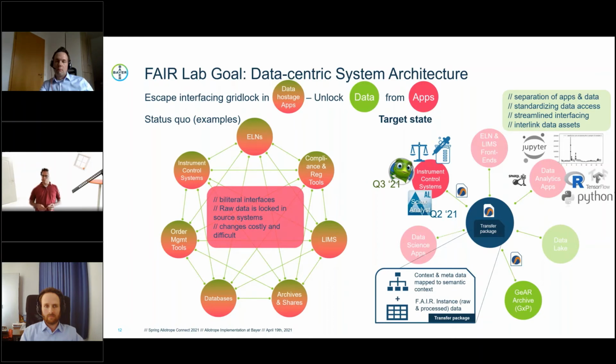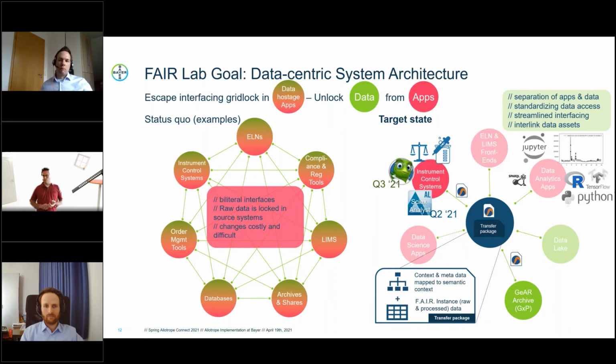When we look into how we want to transform our organization and the way of working, as Michael pointed out in the beginning, how we want to generate ideation from our data, we need to change the structure fundamentally. This is not just a data architecture change, but also a mindset change, how we want to organize the data.